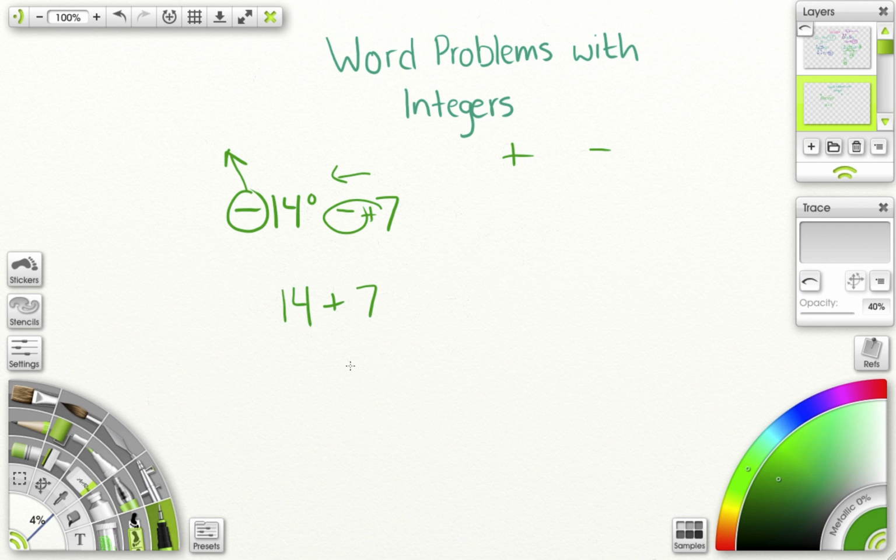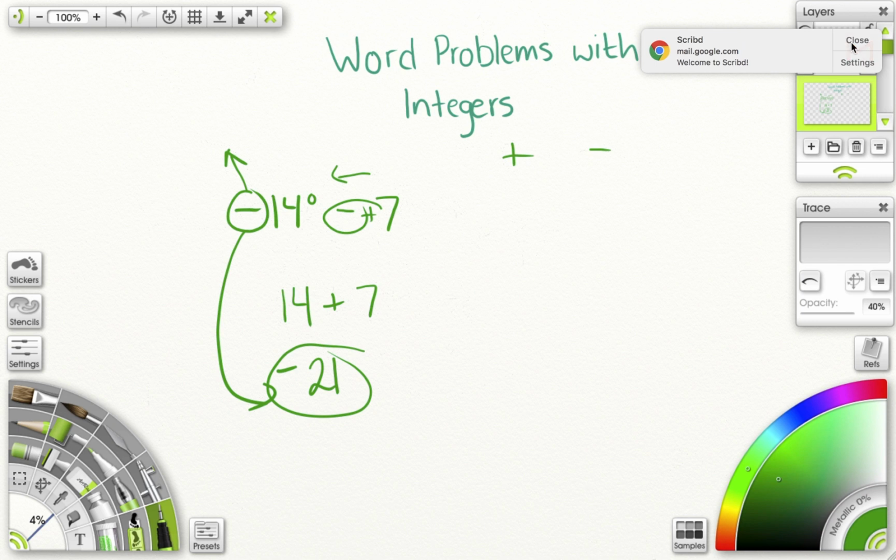So 14 plus 7 gives me 21. If I take my negative and stick it back in front, I'm at negative 21 degrees, meaning I got 7 degrees colder from negative 14. And that is my final answer. In this case, we used Fahrenheit.